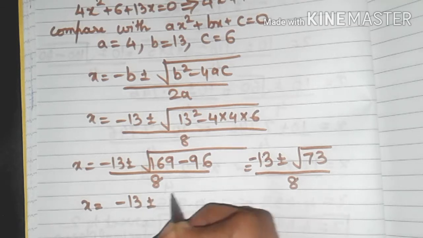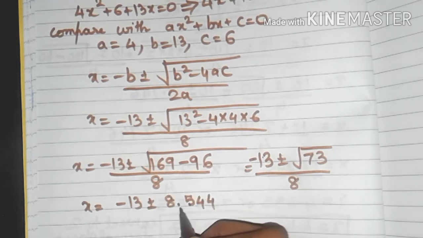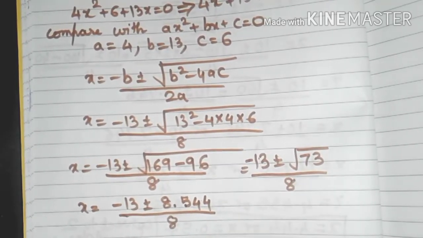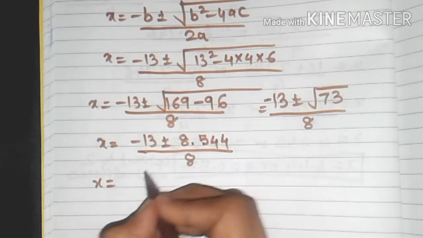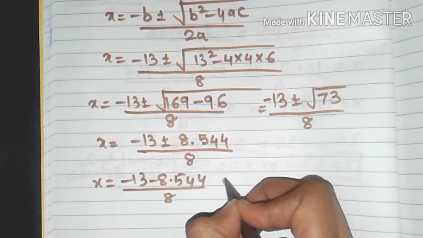Minus 13 plus or minus 8.544 divided by 8. So there are two possible values.